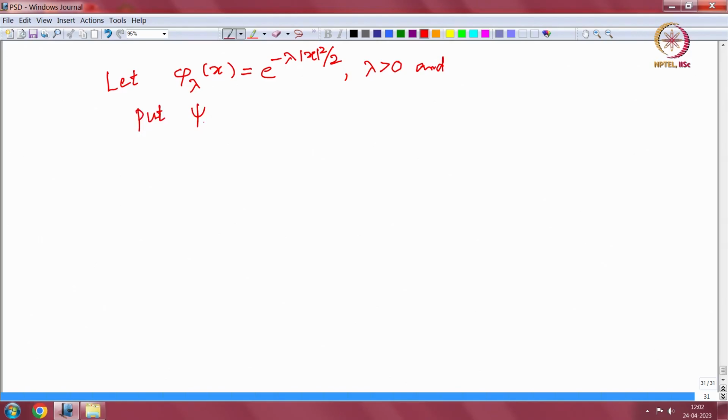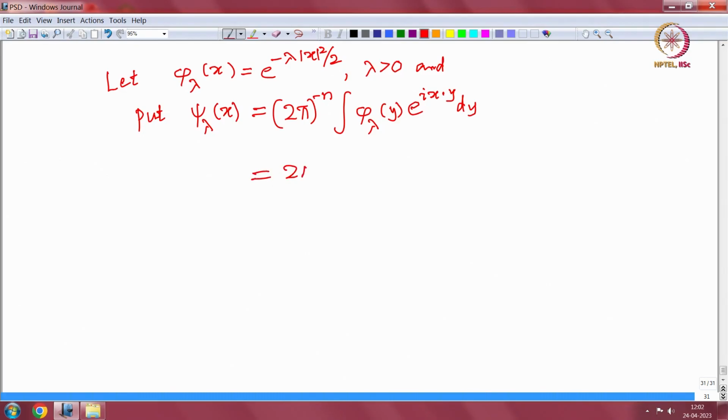psi lambda of x equal to 2 pi to the power minus n, so we will know in a moment why we are choosing that constant. So this is the integral of phi lambda y e to the i x dot y dy. Okay. So that is essentially the Fourier transform of phi lambda. So we just compute once again.